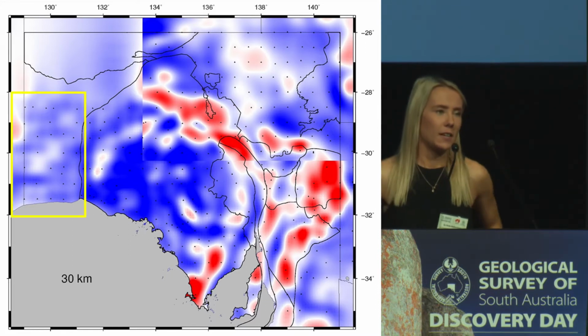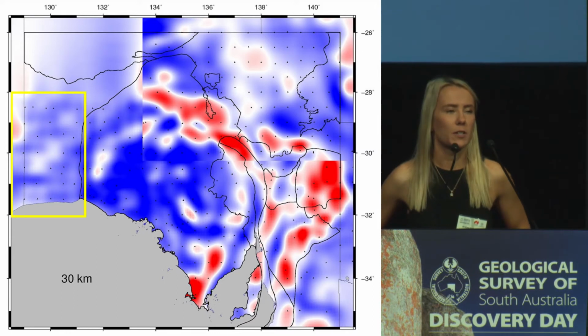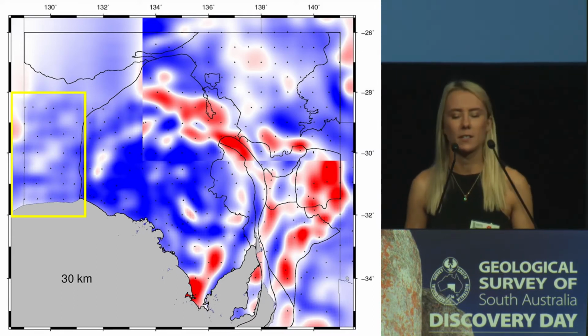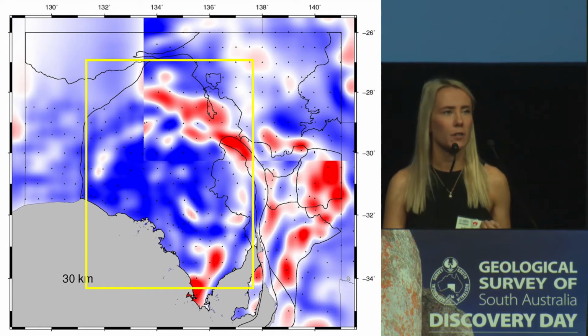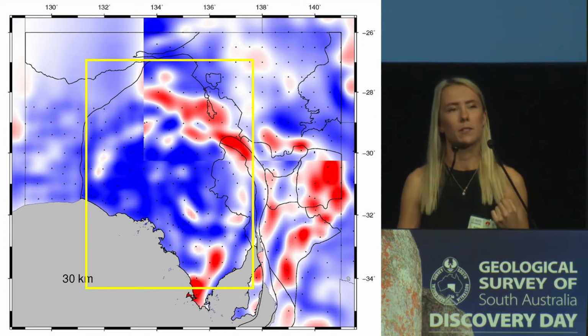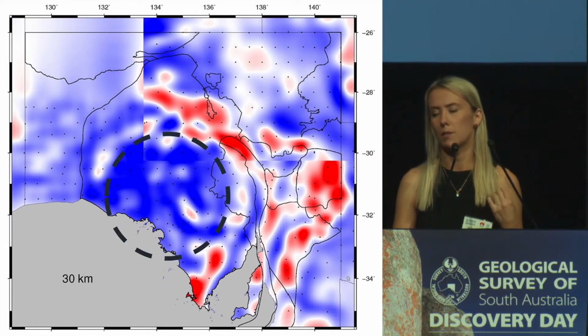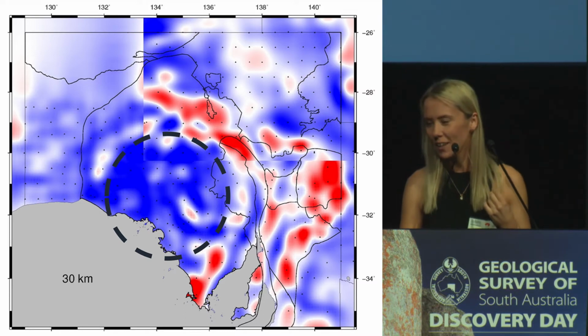So that's where I'll start, in the Kumpana province, where the conductivity is relatively homogeneous and moderately conductive. We'll move over to the east into the Gawler Craton, which I've already briefly talked about. And we've got this really resistive cratonic core, and this is typical of a depleted region.